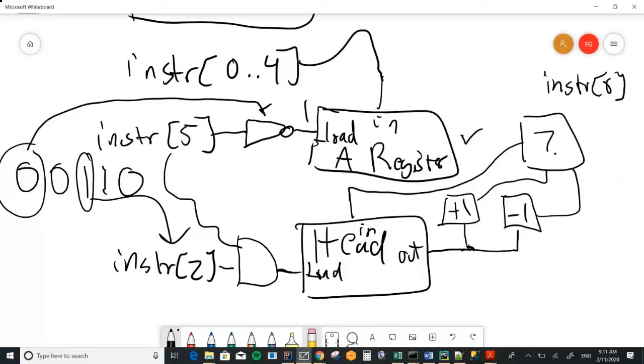Is that the case? So let's think it through. Let's imagine I have an A instruction that has a 1 at 0. So that picks between these. Here's the question. When that pick comes here, is there a problem if the bit 5 is a 0?